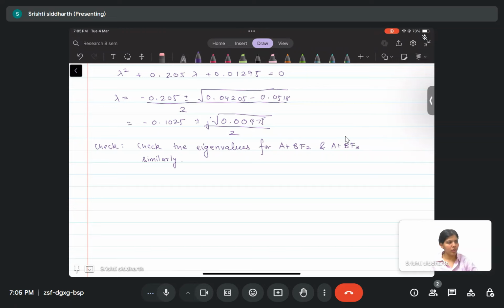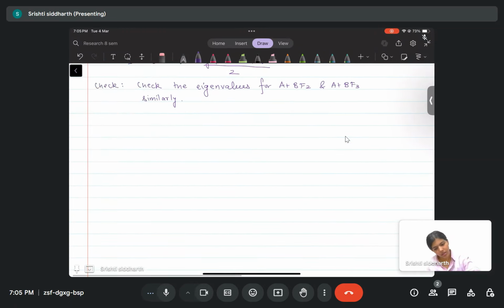Question on how to design a state feedback matrix for the multivariable system. This is question 6.